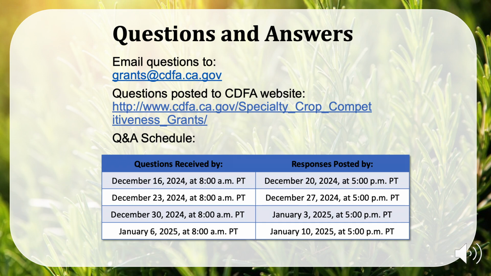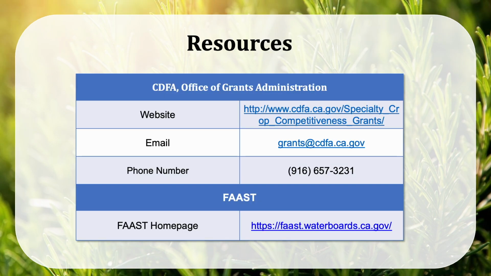Here are some helpful resources, including CDFA's website and email address. Our website contains links to the grant proposal instructions, supplemental documents, and all required templates, and other helpful information.